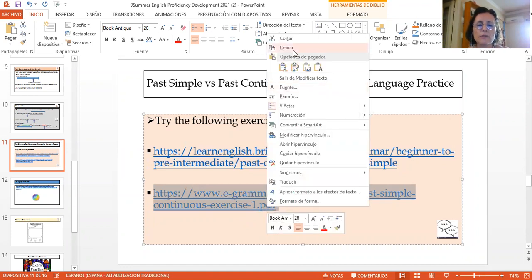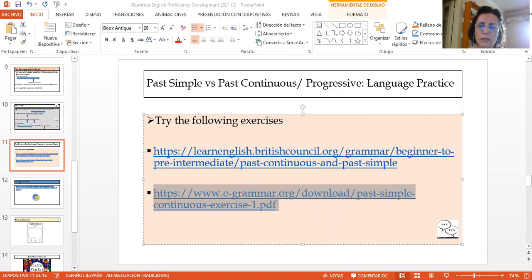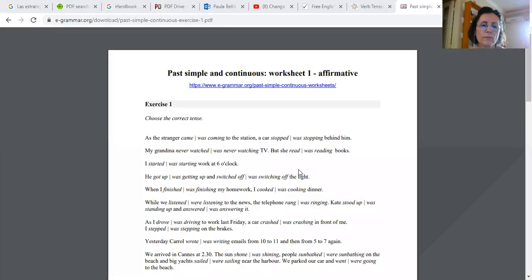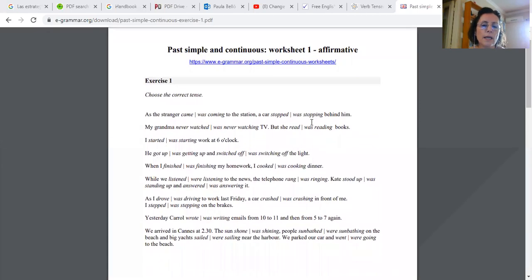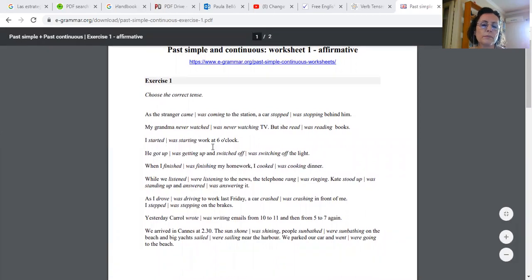So here you really have to check what is going on in progress and what happens at one time. Yo no veo la página. Yes, now you will see. The other link opens to a PDF. And in here you have to choose one or the other.